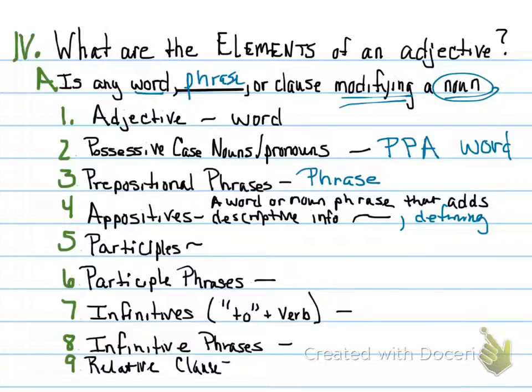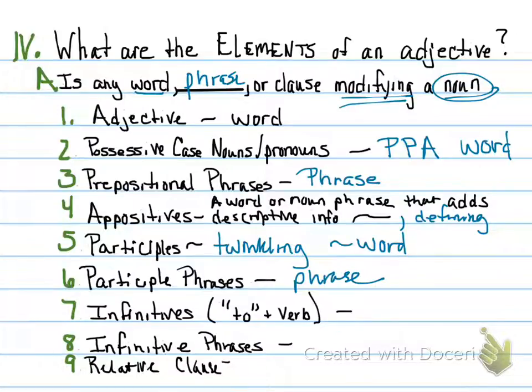Participles. Participles are words that are verbs being used as adjectives, like twinkling stars. Twinkling would be the participle. So of course that's a word level element. And then you can have a whole phrase of that, twinkling in the sky. And so that would be a phrase level.